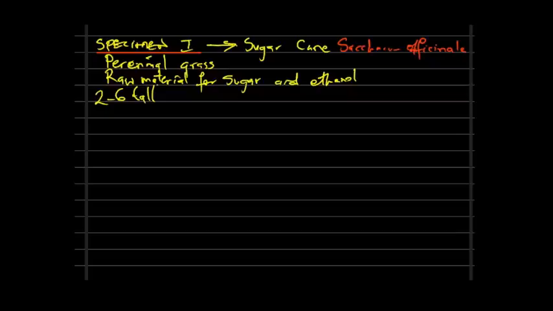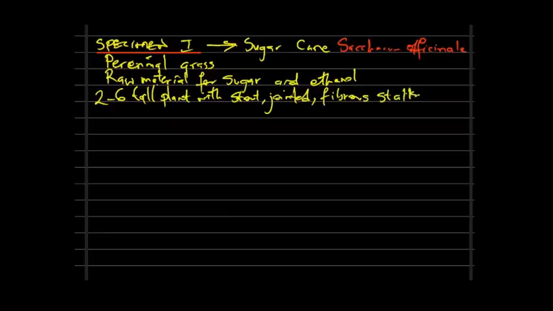It is a plant usually found to be stout, with jointed fibrous stalks that are rich in sucrose.